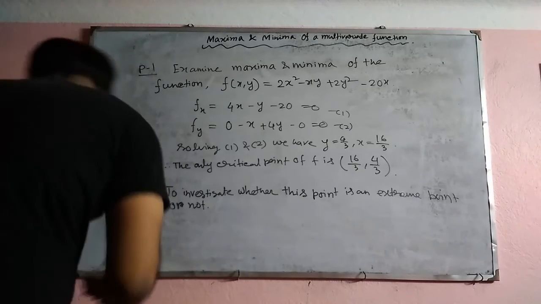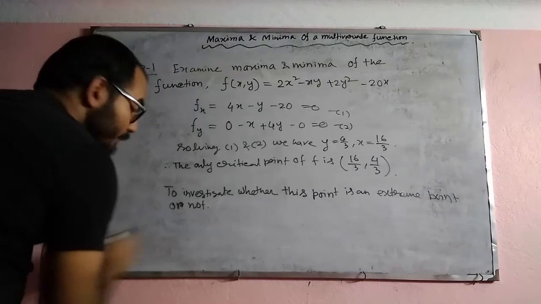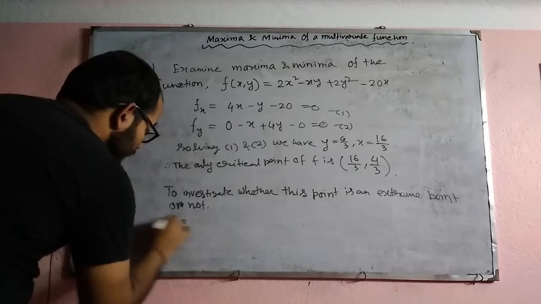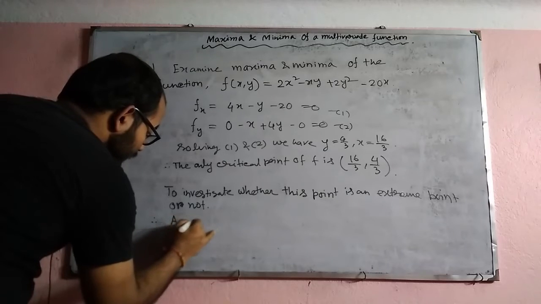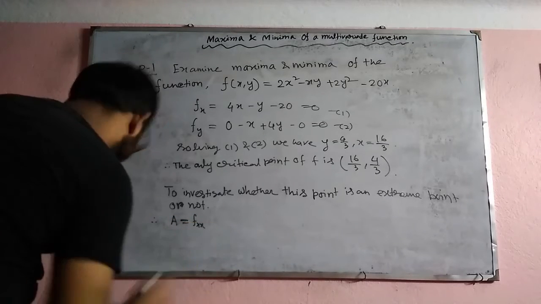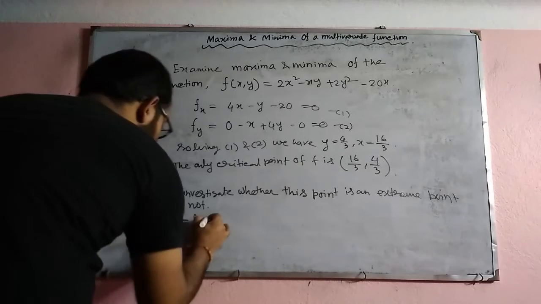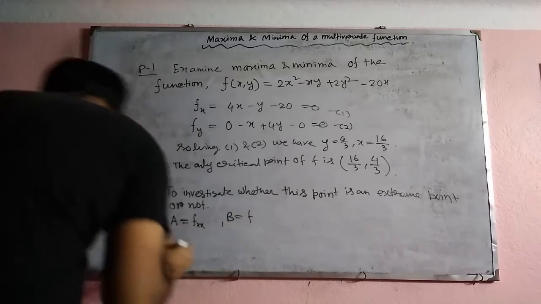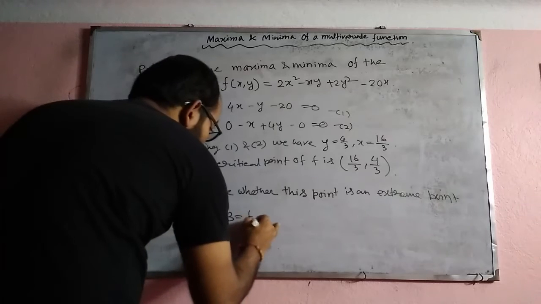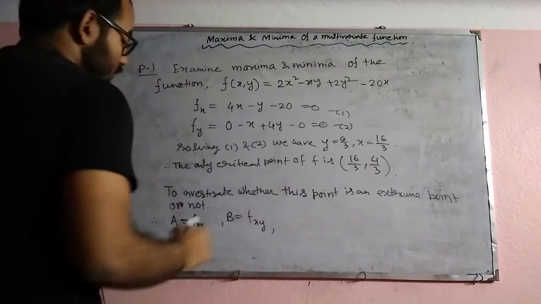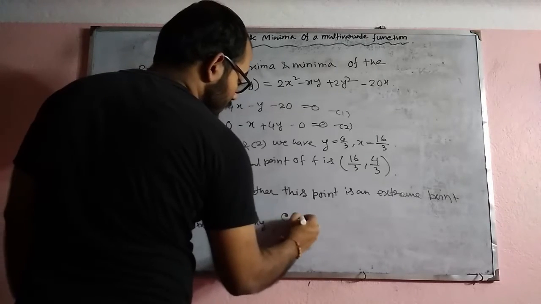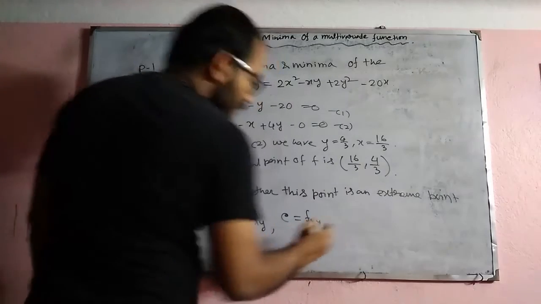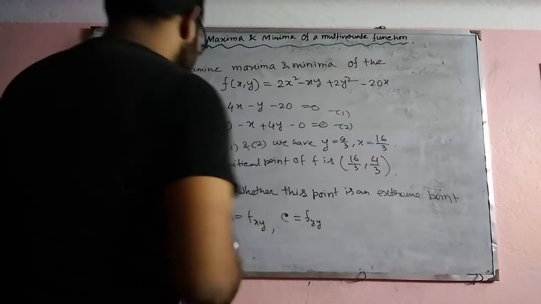So we have to calculate A, B, C. A is f of xx. What is B? B is f of xy. What is C? C is f of yy.